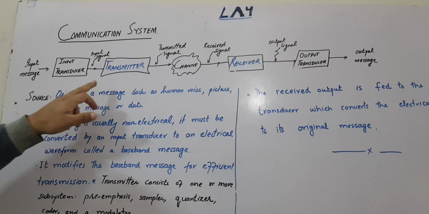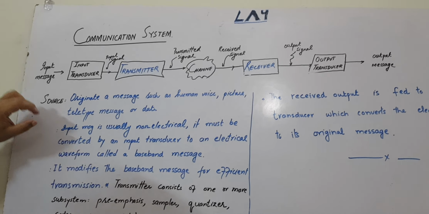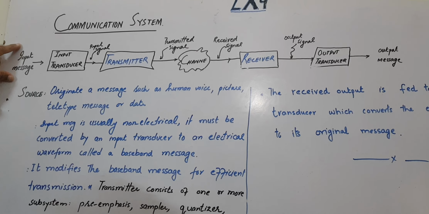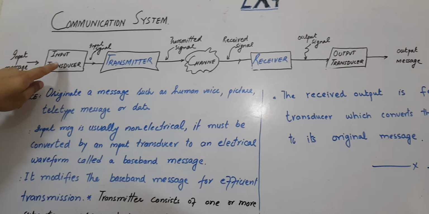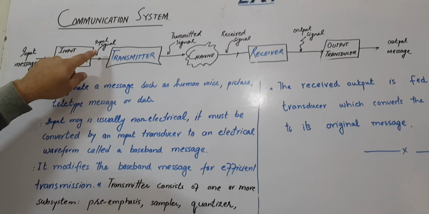This is the basic diagram of the communication system, where you can see the input message is being inputted from a source to the input transducer, and from the input transducer you have an input signal.